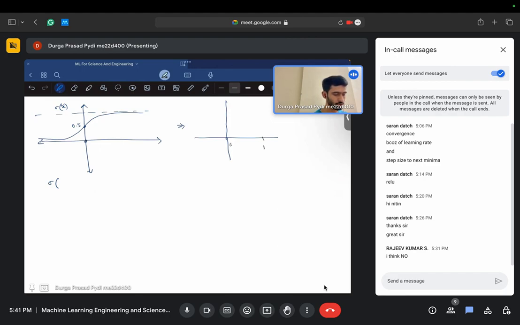So y equal to x square, I'll use a different color, will be something like this. My original sigmoid function is this, and I want to somehow convert it into this function, and in order to do that, we are putting in two constants A and B.